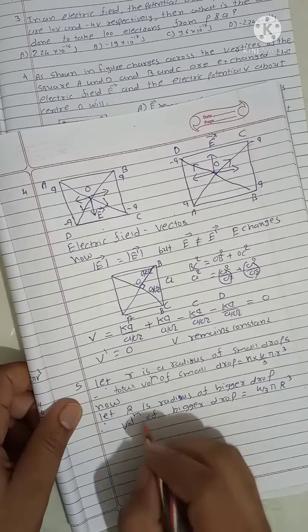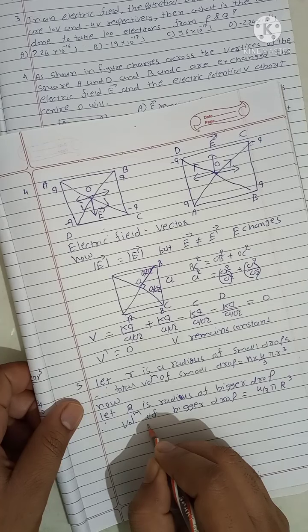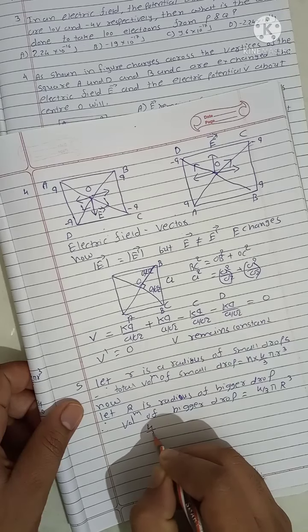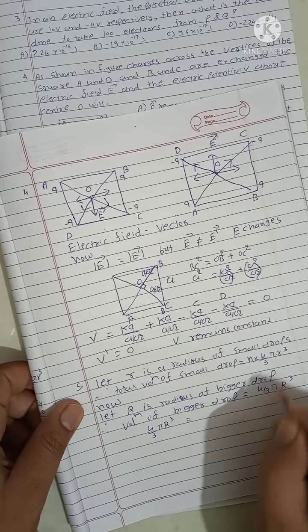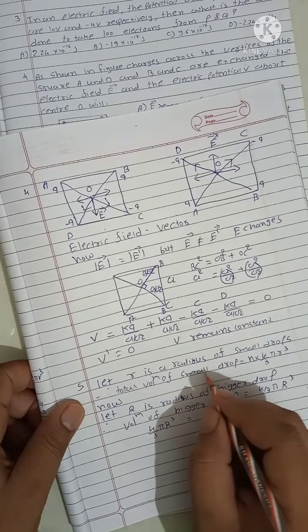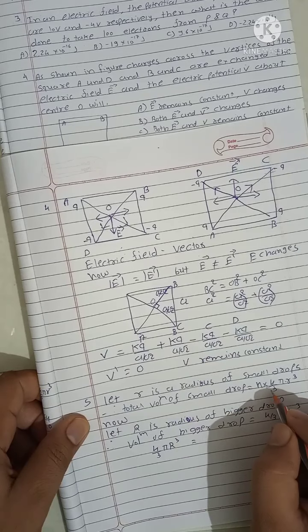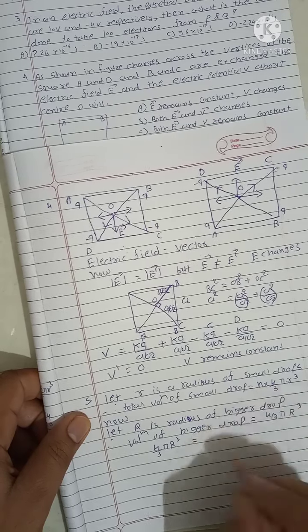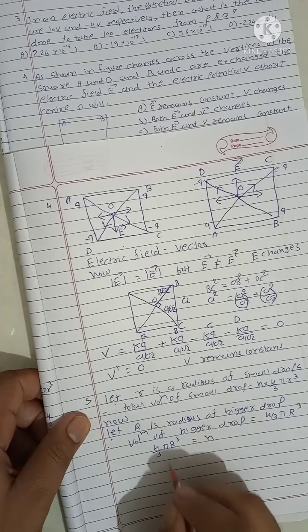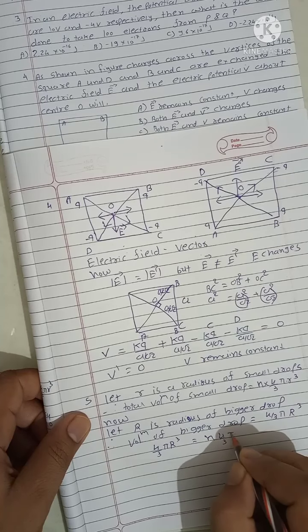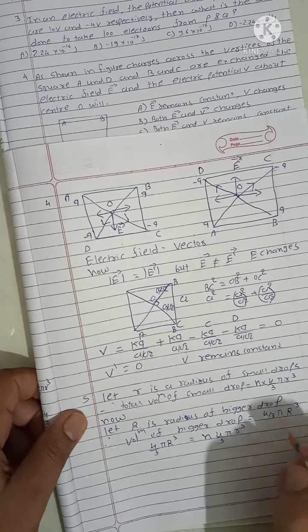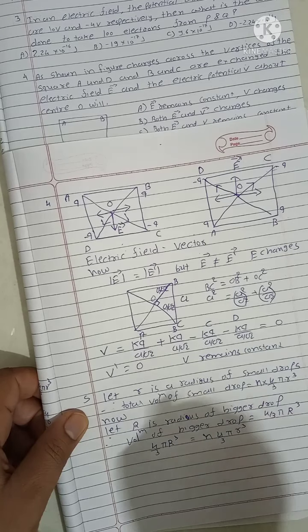So actually the volume of the bigger drop, 4 by 3 pi capital R cube, is equal to the volume of these n small drops. So 4 by 3 pi capital R cube is equal to n into 4 by 3 pi small r cube.